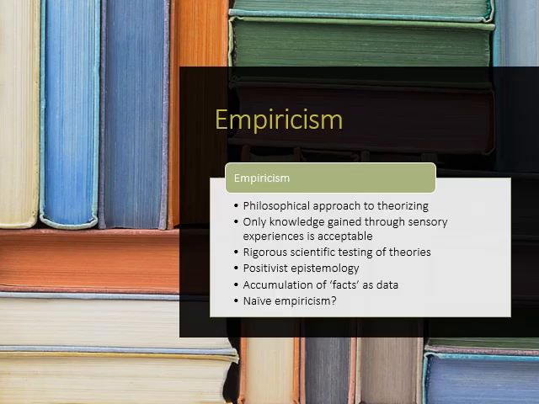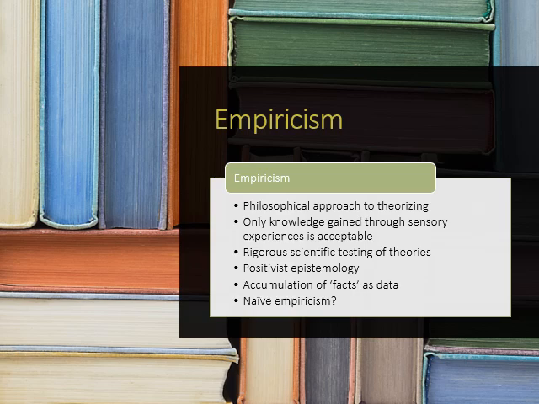So here's an introduction to empiricism, which is a fundamental philosophical approach that informs much of scientific inquiry and theory development. It asserts that the only valid knowledge comes from sensory experiences, meaning what we can see, hear, touch, taste, and smell. According to empiricism, knowledge must be based on observable, measurable evidence.